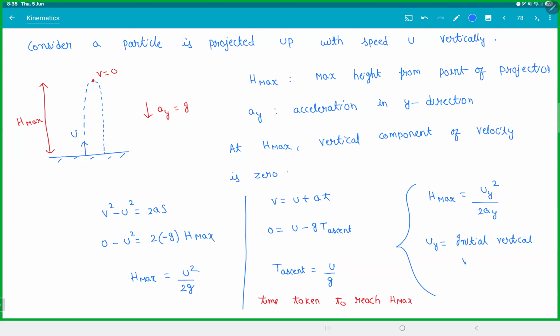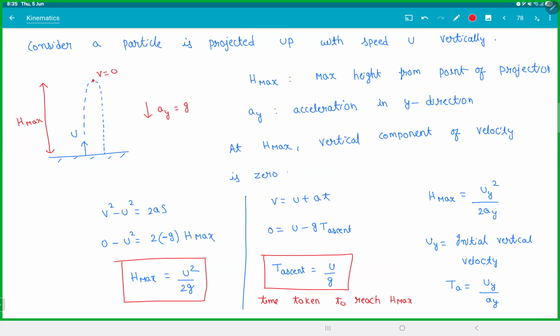Similarly, time of ascent also will be uy by ay. Just keep this in mind; when we use it in 2D, this will be useful. So time of ascent is the time taken to reach Hmax. Hmax is u square by 2g.